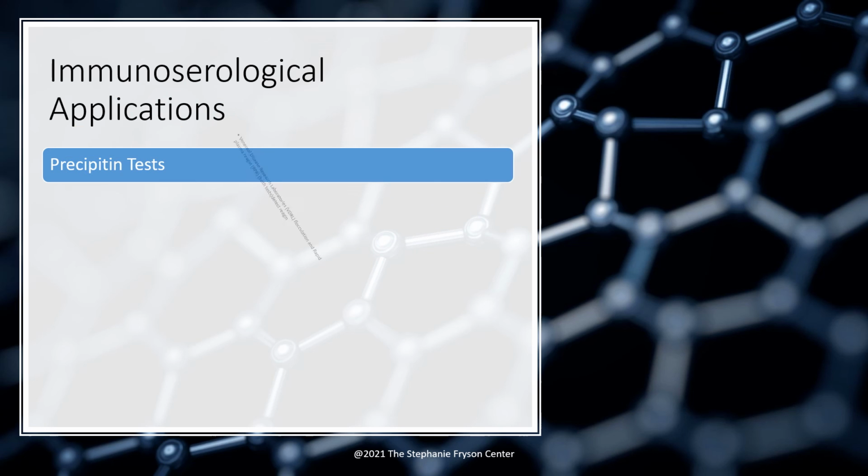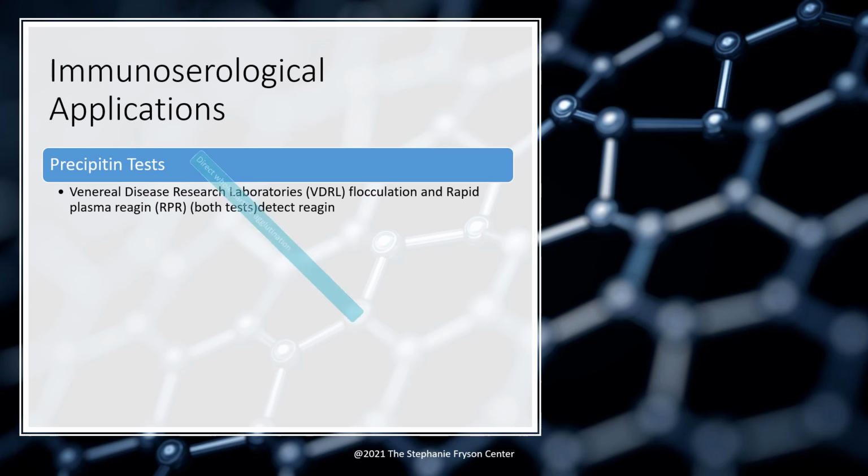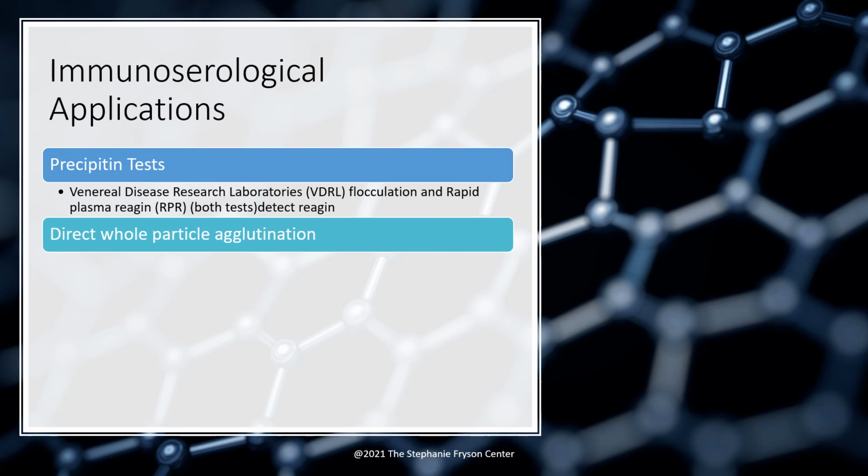All right, immunoserological applications, precipitin tests. For syphilis, VDRL flocculation or RPR both detect reagin, and it is an immunoserological test. You can have direct whole particle agglutination.